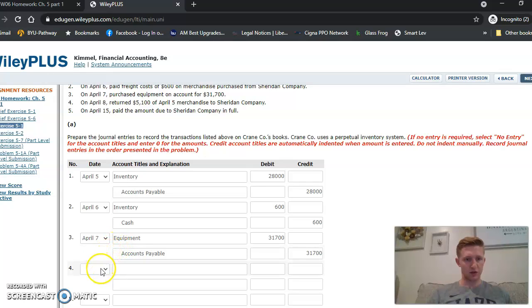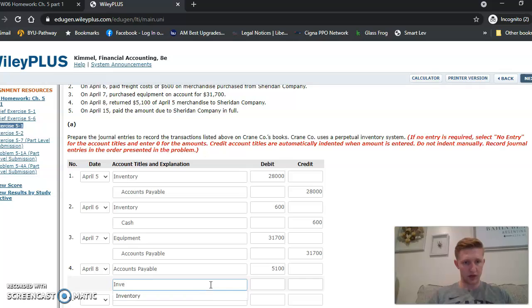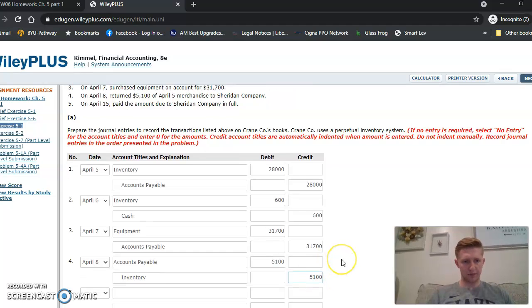So first we'll go ahead and select the date, April 8th. So to do the opposite, we're going to debit accounts payable this time. Accounts payable. And that amount was 5,100. And then we'll credit inventory also for 5,100. Okay.